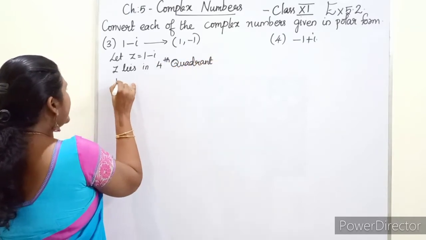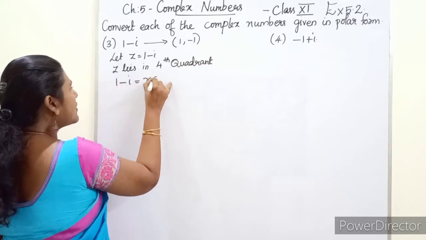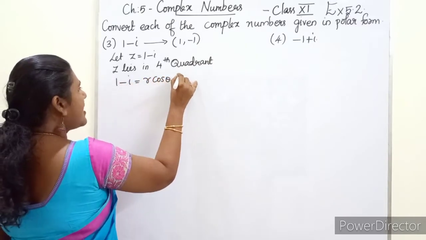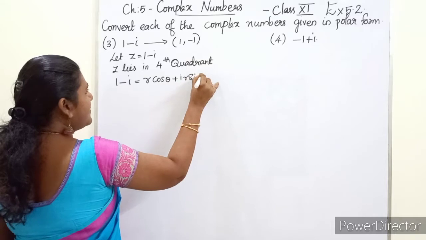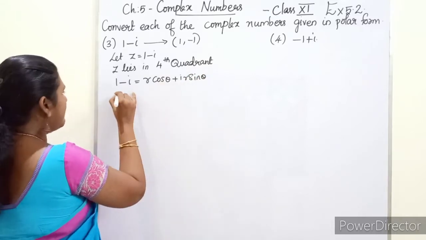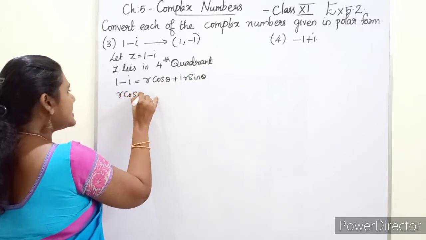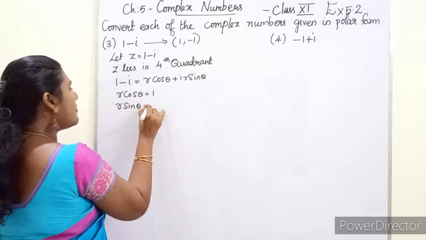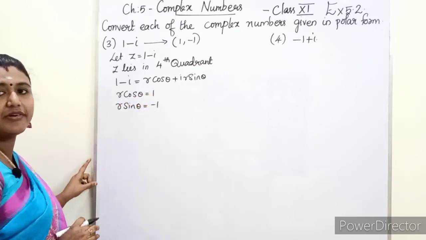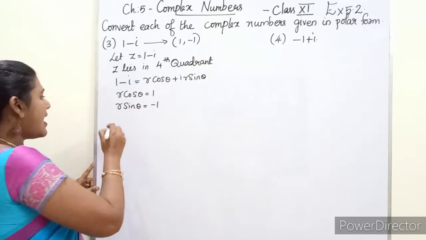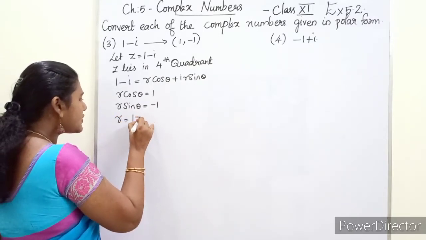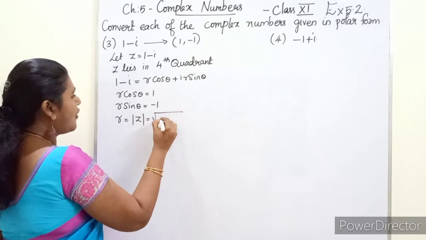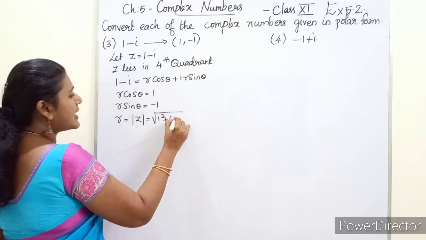Now you know that the polar form is r cos theta plus i r sin theta. So now we will equate the real part and imaginary part. So r cos theta is equal to 1, r sin theta is equal to minus 1. First we will find out the value of r. r is nothing but the modulus of Z, that is root of 1 square plus minus 1 square.